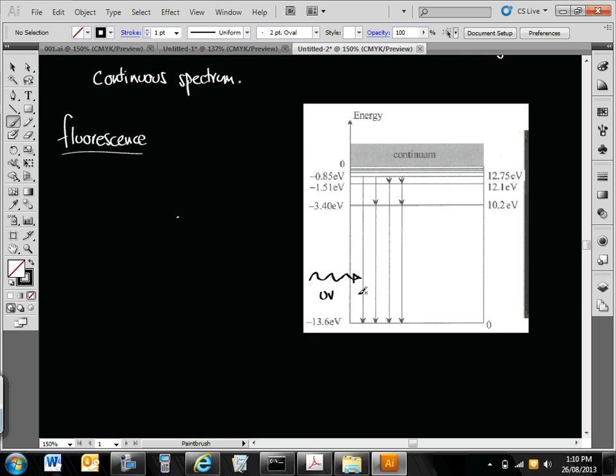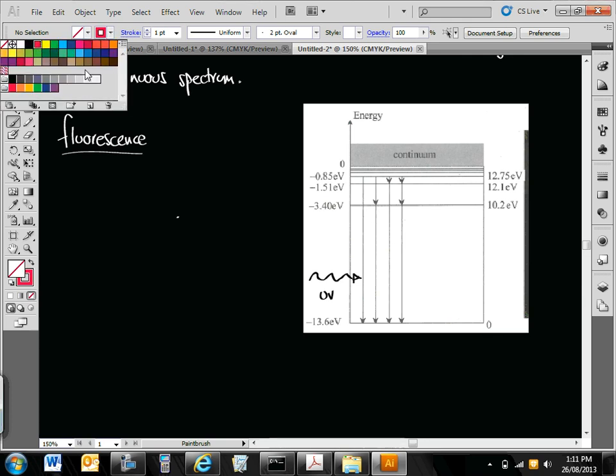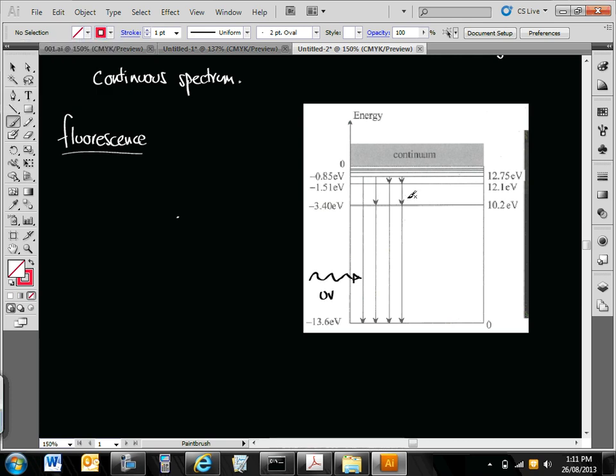Now, if we can't see it and we shine that light on the hydrogen, and then on its way back down to its ground state, it jumps a couple of shorter jumps. What are we going to see? What will it appear to be to us? Yeah, we're going to see regions of the visible spectrum, aren't we?